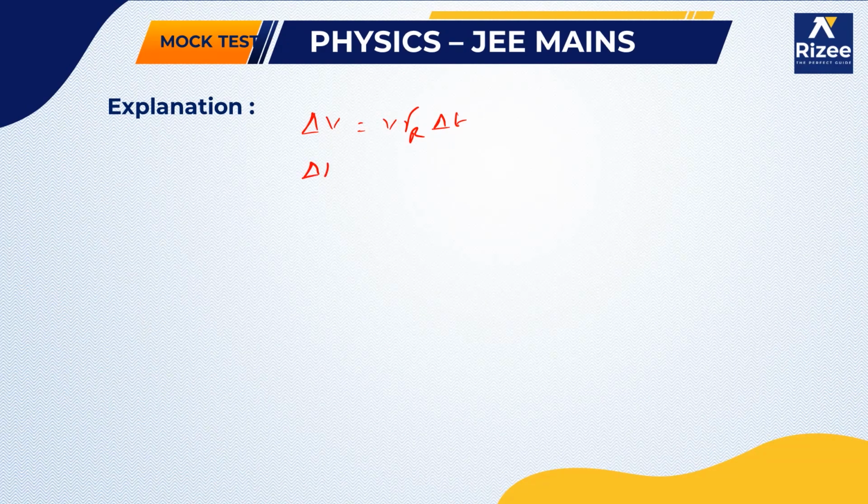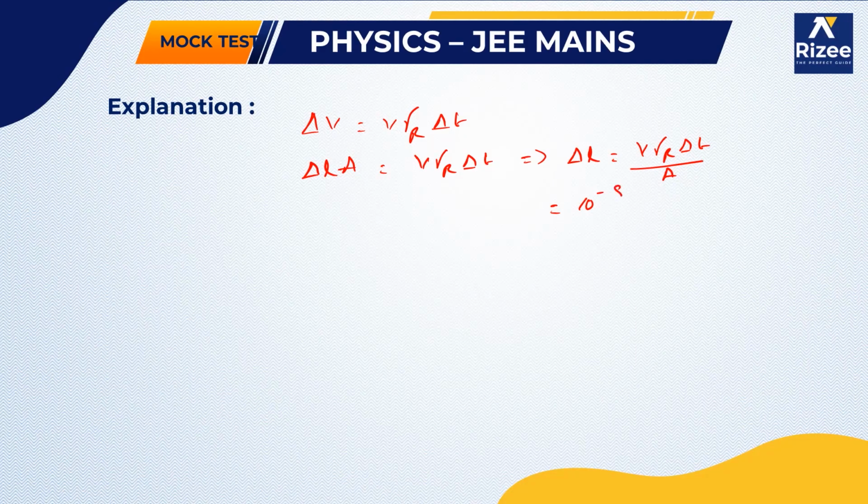So this can be written as increase in length into area is equal to volume into real expansion into delta T. So from this one, your delta L, the increase in length, can be found as initial volume V into real expansion into delta T by area A. So initial volume in the question is given as 10 to the power of minus 8, and your real expansion is 1.18 into 10 to the power of minus 5.